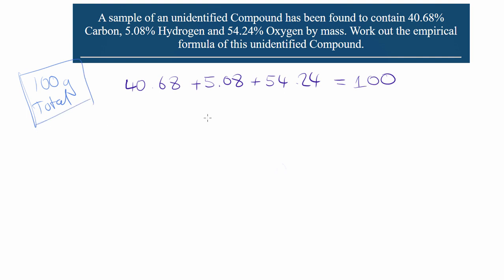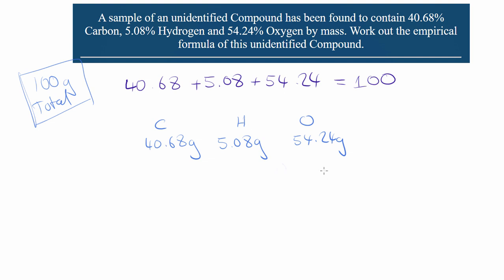When we make that assumption, because these percentage compositions are mass-based percentages, we can simply convert these and say the carbon is 40.68 grams. We can do effectively the same for the rest. For the hydrogen, we've got 5.08 grams, and for the oxygen, we've got 54.24 grams.